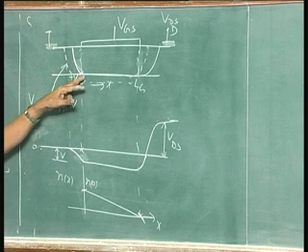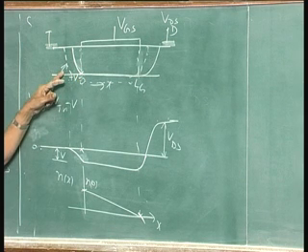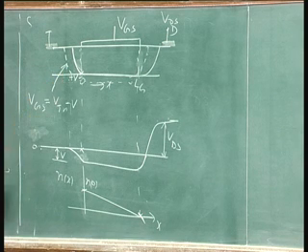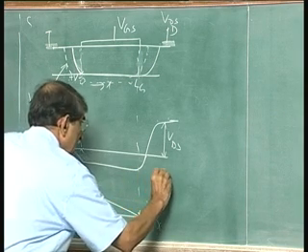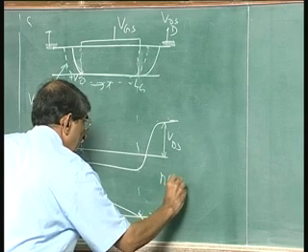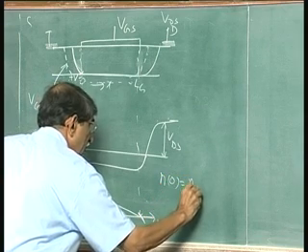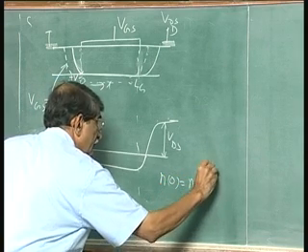So, the carrier concentration here will be the carrier concentration here multiplied by e to the power minus V by V t. The potential difference is V. So, in this situation, we can write n 0 will be equal to n 0 e to the power of minus V by V t.